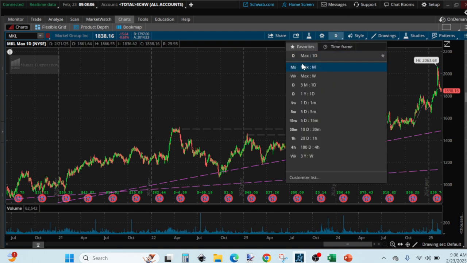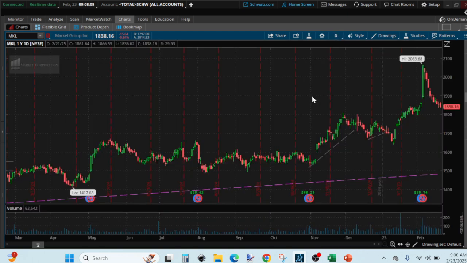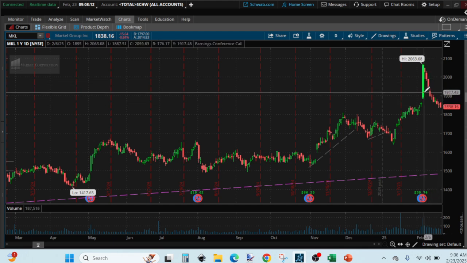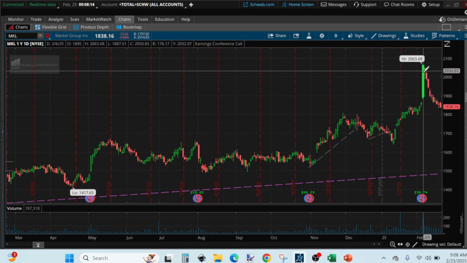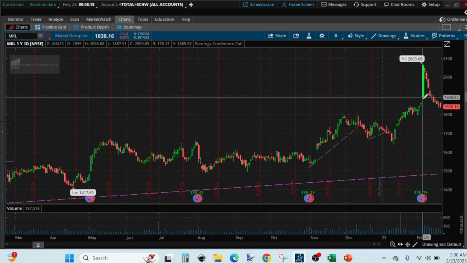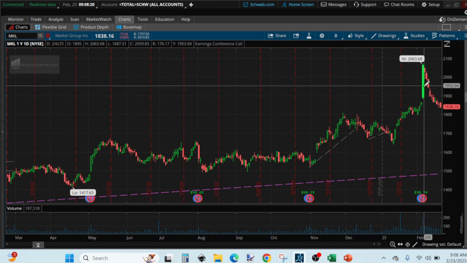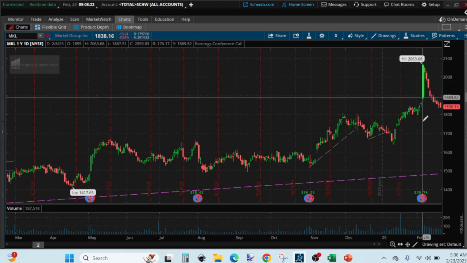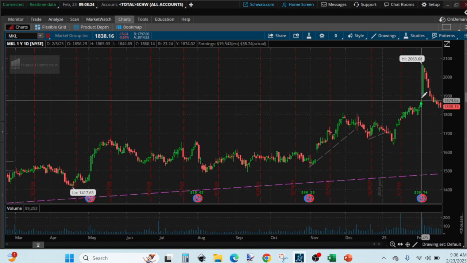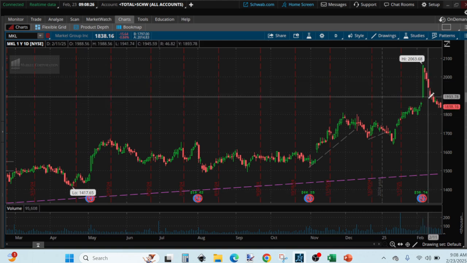One year daily chart, just to see what is going on there, it is going down. Wow, what a huge gap up here, and it's on earnings day. Amazing.